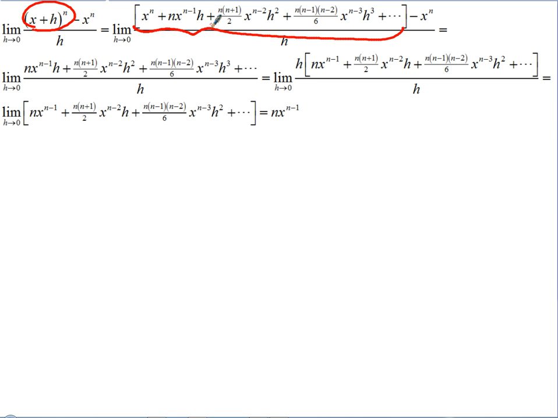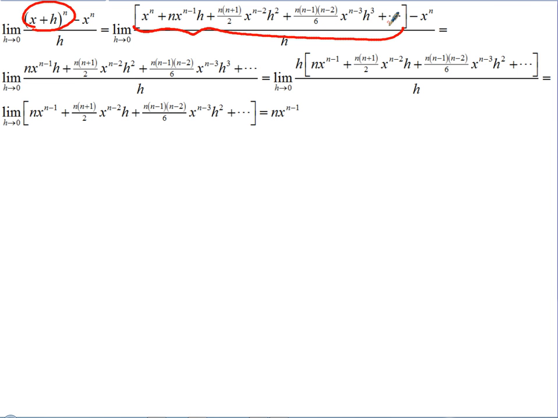Times h to the 1 plus some other number, and we don't really care what the number is. It turns out the number is n times the quantity n plus 1 over 2. But big deal, we don't care. Just some number. Times x to the n minus 2 times h squared plus another even weirder coefficient times x to the n minus 3 times h cubed, etc.